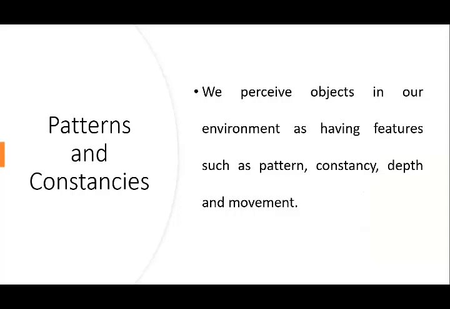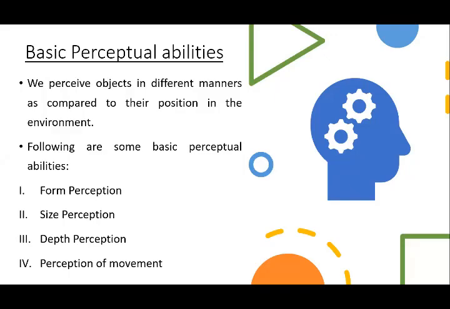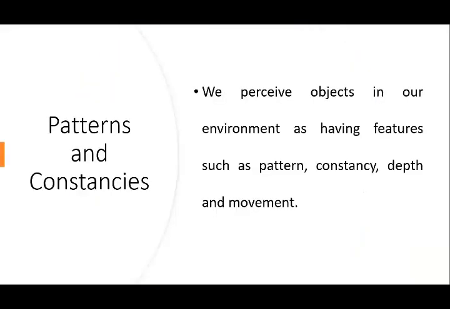Now, the second competency is patterns and constancies, the second number, the size perception, which is also written in your book as size perception. So let me tell you what it is. Our brain puts focus on the features of the physical object, like what the boundary line is, how many angles there are in a shape, how many turns there are in a shape.